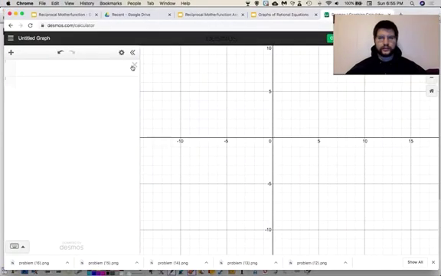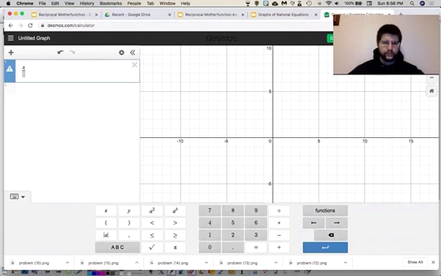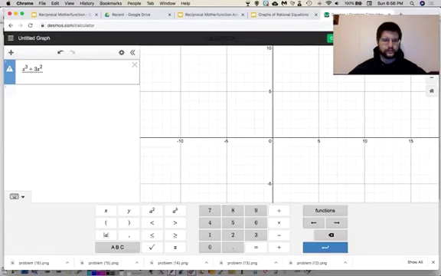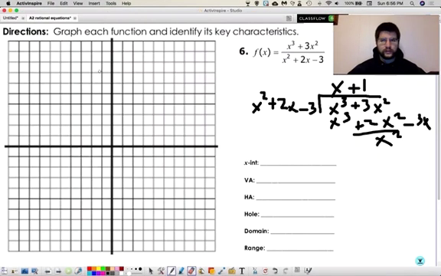It's x cubed plus 3x squared over x squared plus 2x minus 3.